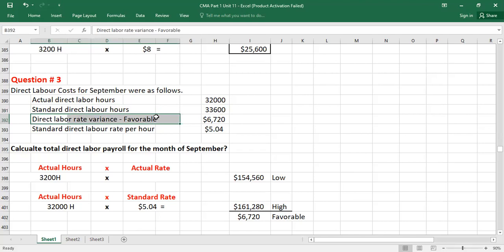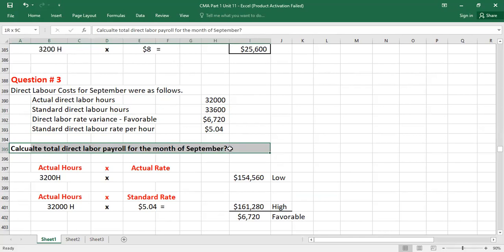You are provided with the rate variance and it is favorable, and the answer is $6,720. Then you have a standard direct labor rate per hour, which is $5.04, and you are required to calculate the direct labor payroll for the month of September.